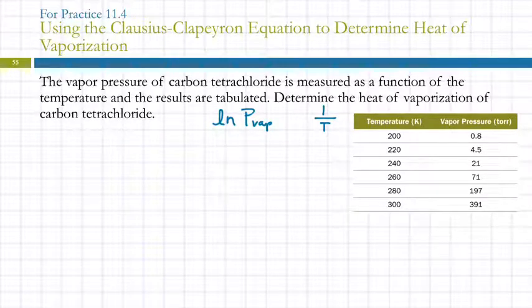So then you use linear regression and you find the slope of the line. And you could find the intercept, but we really don't care about the intercept. We just want to know what the slope of the line is.